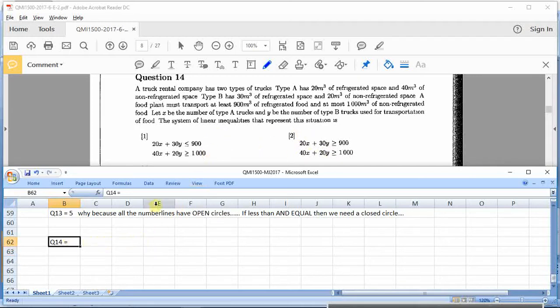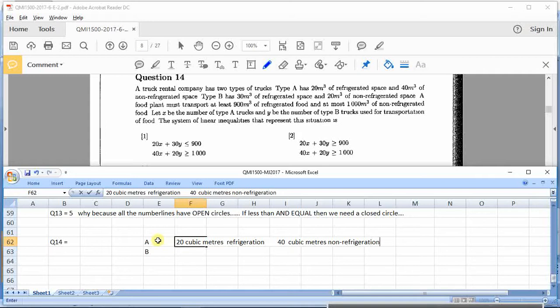Alright, so question 14, a truck rental company has two types of trucks, type A and type B. Type A has 20 meters cubed of refrigeration space, and 40 non-refrigeration space.